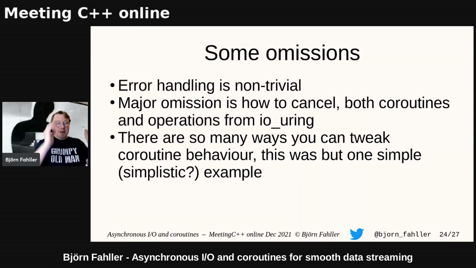And when I reach that, I just destroy all the coroutine objects and everything is dandy. But if you have a situation where some coroutine somewhere in the middle says, I don't want data from you anymore, and wants to push back, you have to figure out a way to do that.